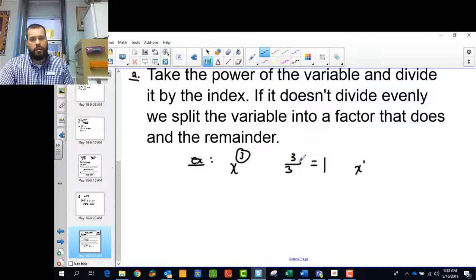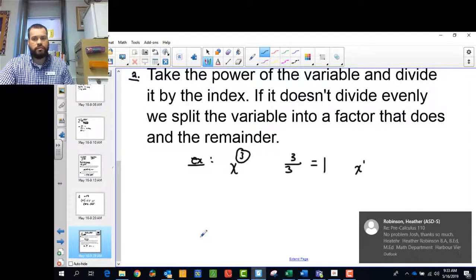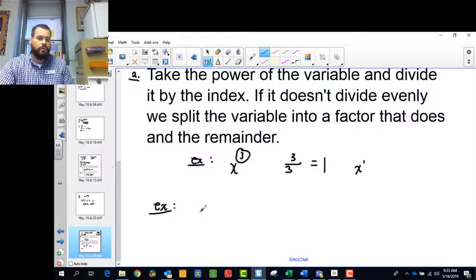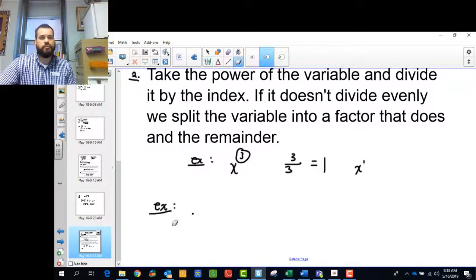All right. Again, why am I doing that? Here's why. So here's my example. Well, actually, the third step is to then remove that by actually taking the cube root.